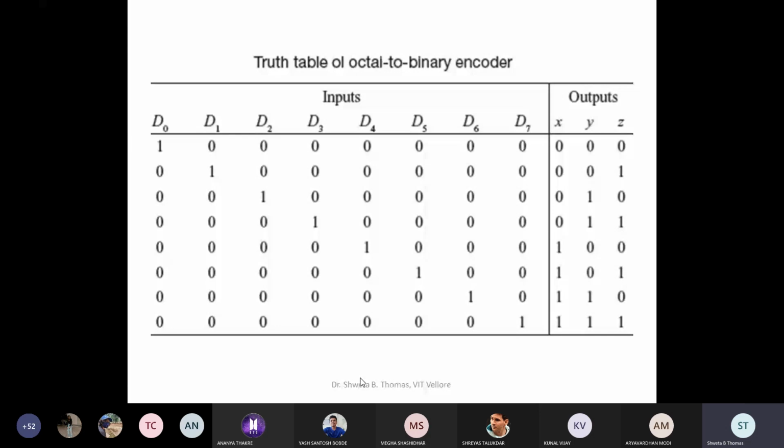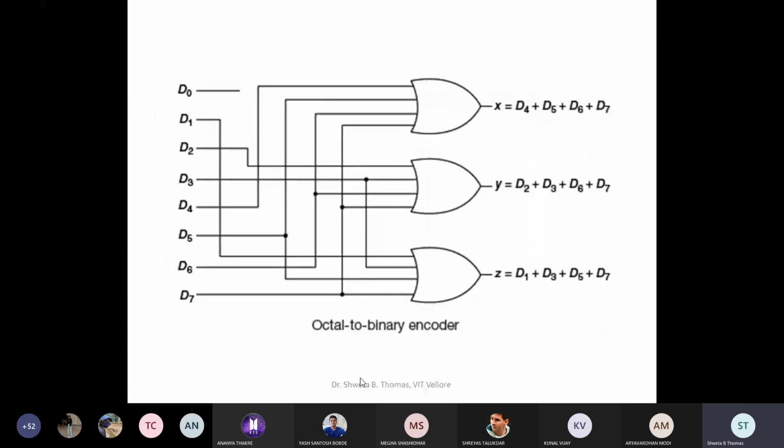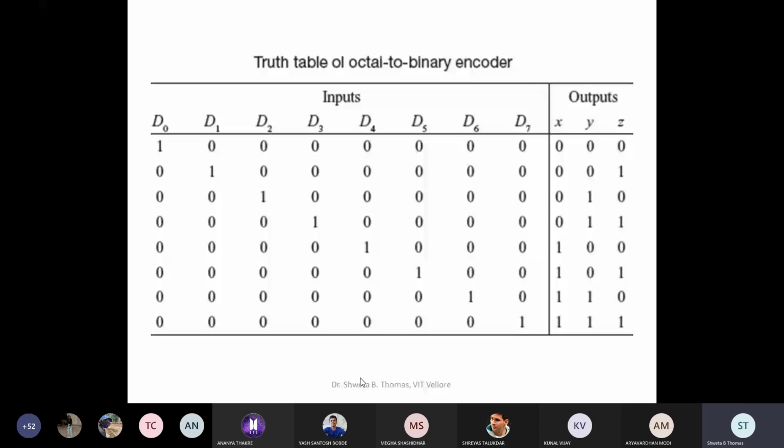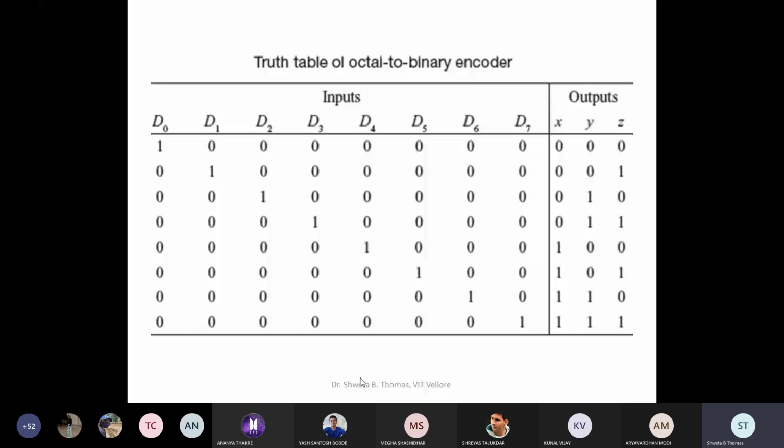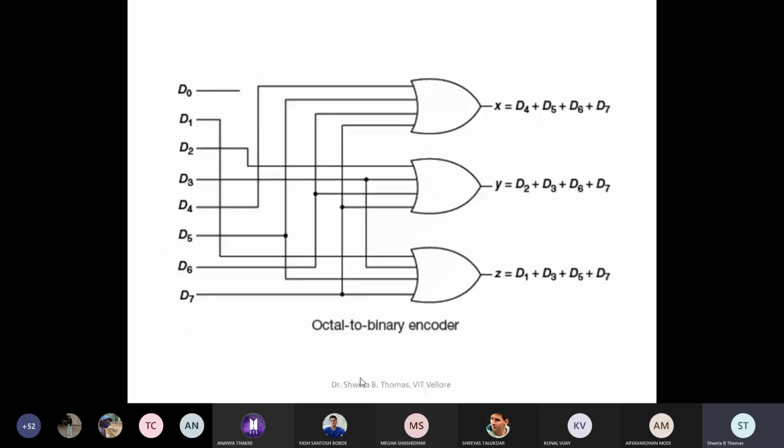Wherever the value 1 is, if you want to implement X, Y, and Z, you construct the circuit with the help of OR gates. D0 is not connected to any of these, because X, Y, and Z are all 0 for that value; there is no 1, so it has not been used anywhere. The rest you can see, just see it and correlate it.